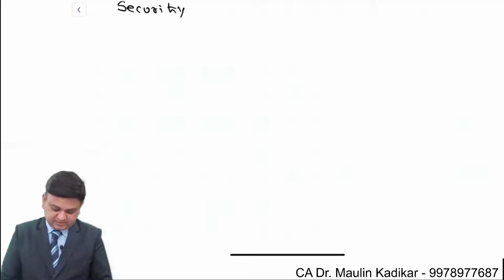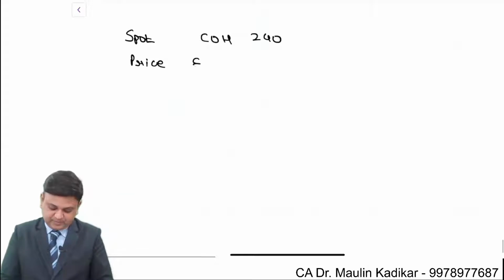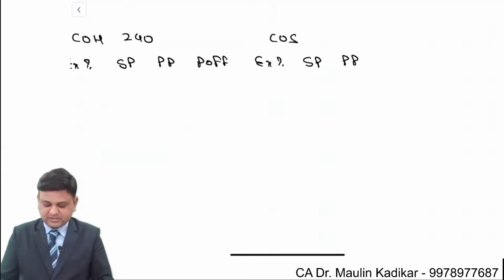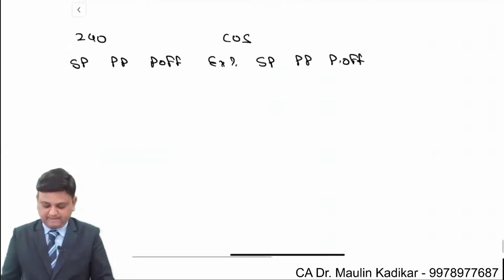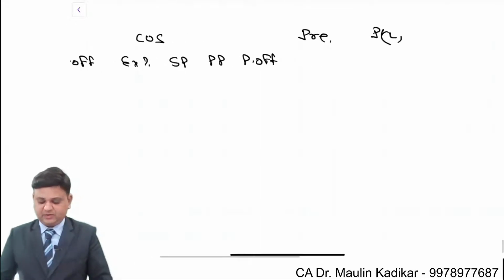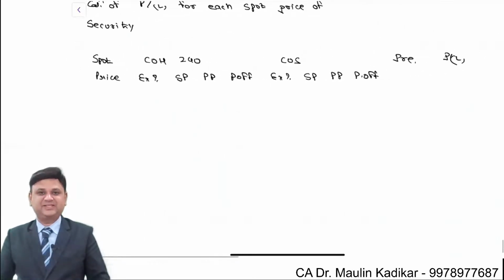Column number 1 is spot price, call option holder 240: exercise?, sale price, purchase price, payoff. Call option seller: exercise?, sale price, purchase price, payoff. Premium, and last column will be profit loss. That is the way simple table we will have like this.